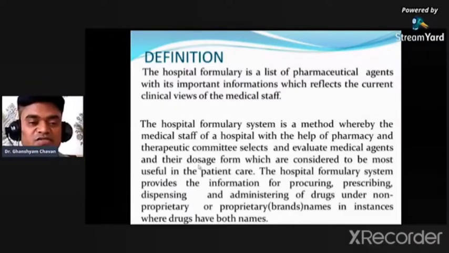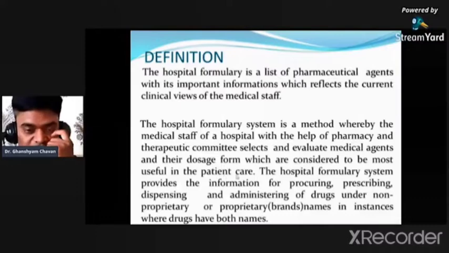They will also consider which dosage form, which injectable, which concentration of injectables or which concentration of drug, or which NDDS, or it may be an implant, it may be a depot. So they will identify the useful route of administration and useful dosage form which is required for that typical drug.